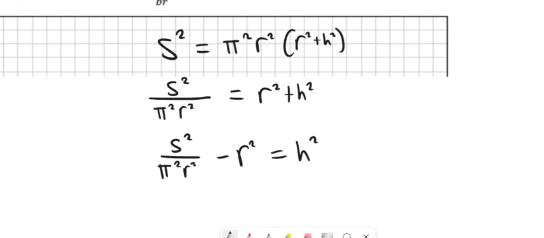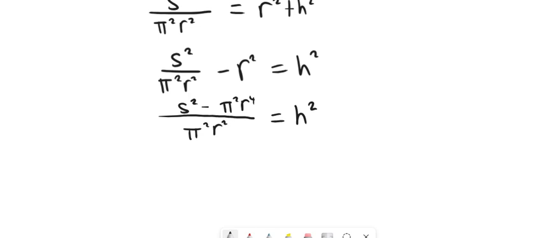So let's put all that into one fraction. The common denominator would be pi squared r squared. And on top we're going to get s squared minus, and then I have to multiply r squared by pi squared r squared, so that would be pi squared r to the 4 is equal to h squared. Now all we need to do is square root both sides.